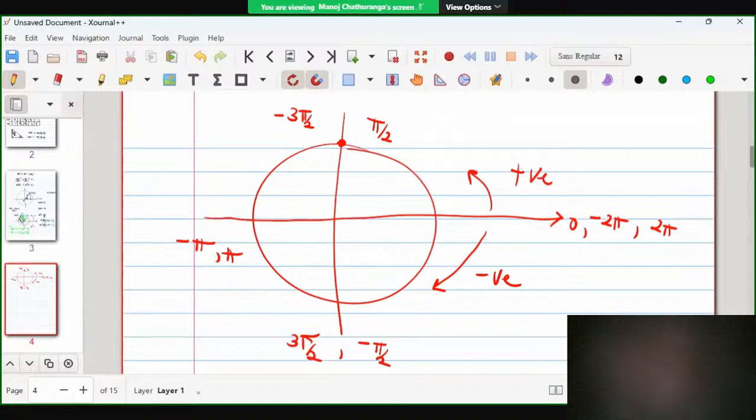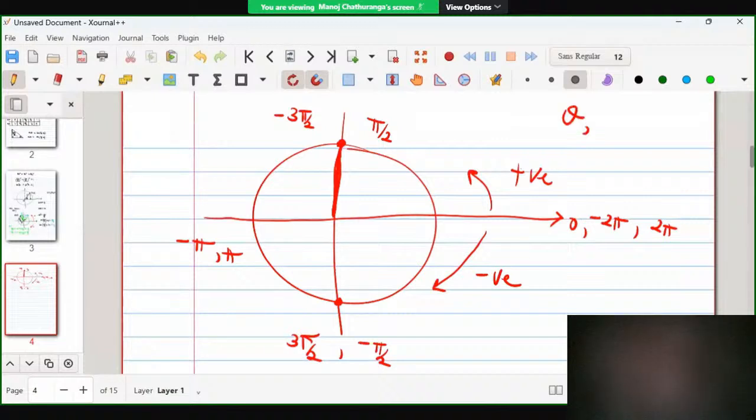So if you have two different names for the same angle, that is called the coterminal angle. Coterminal, like pi by 2 and minus 3 pi by 2. They are coterminal angles because they terminate at the same point. So they have the same ending point. 3 pi by 2 and minus pi by 2 are also coterminal angles.